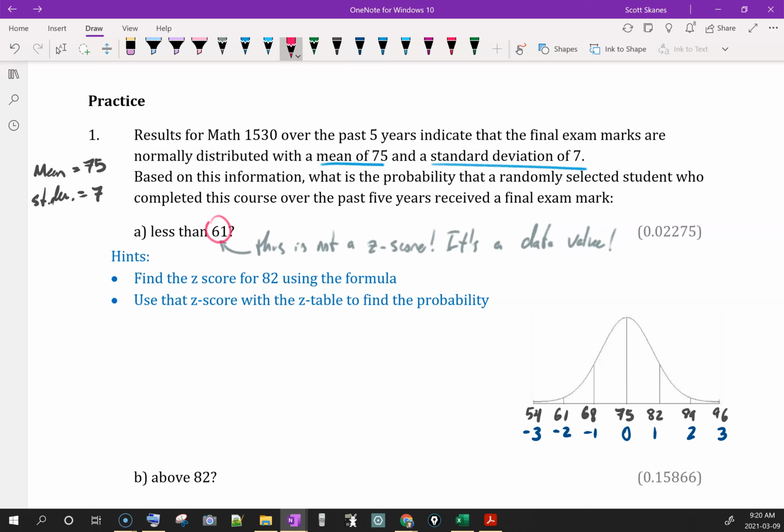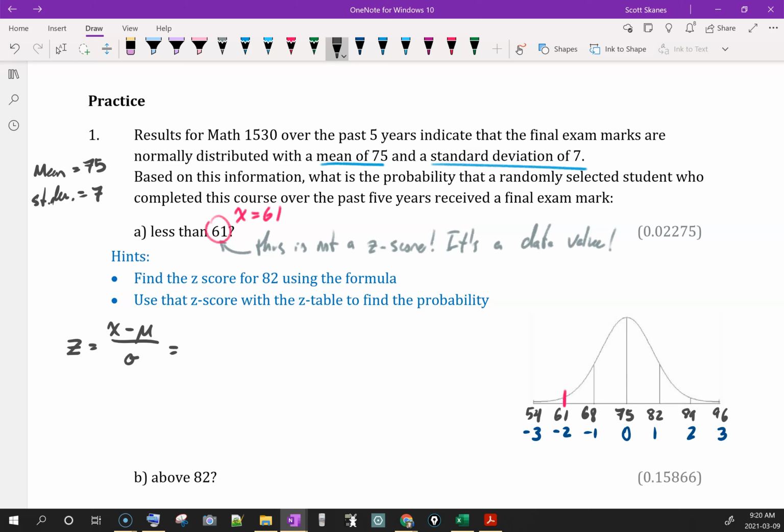Less than 61, if our x value, our data value is 61, that lives over here, which means that our z value is going to be -2. But let me show you that in a clearer way. Let's remember, if we're looking for z-scores, all we need to do is x minus the mean over the standard deviation.